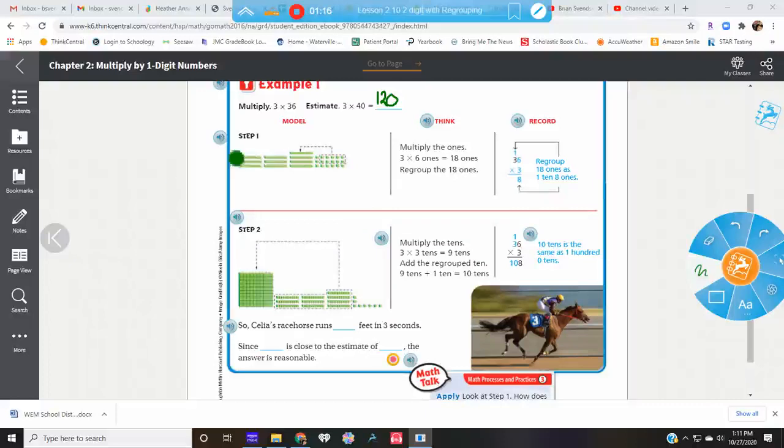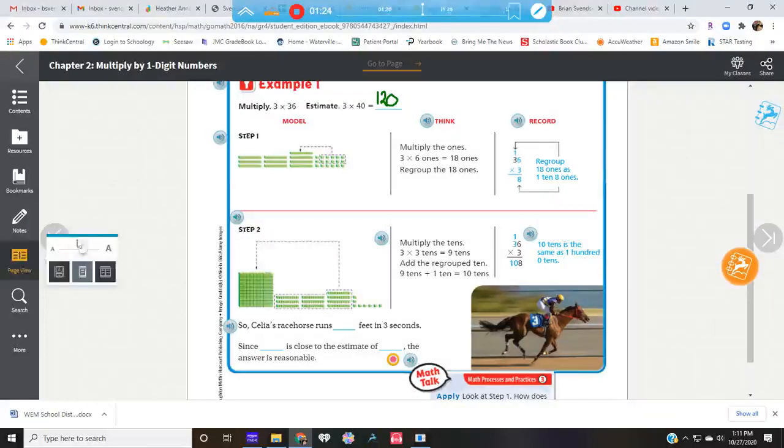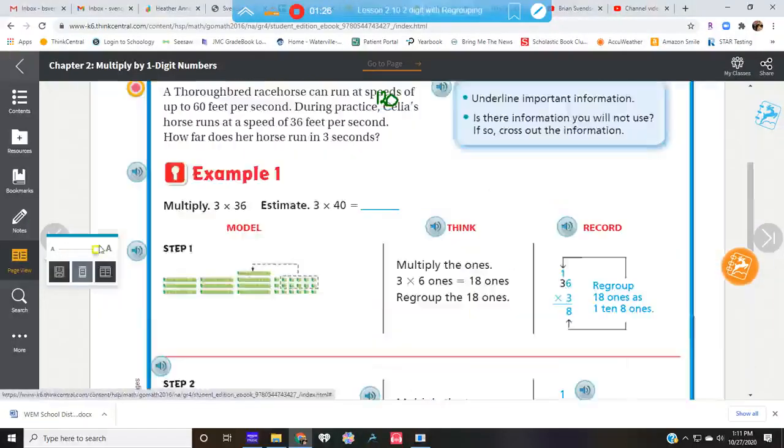Alright, here's the model. I'm just going to zoom this in for a little bit here. Alright, so we look right here. Each line is 36: 10, 20, 30, 1, 2, 3, 4, 5, 6.